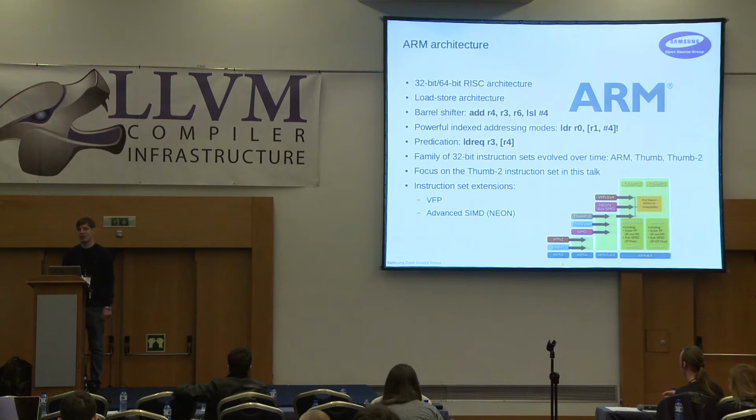So all of the assembly code shown in this talk, all of that is Thumb 2. And the base ARM instruction set only covers integer operations. So if you want to have support for native floating point operations, the CPU can implement one of the instruction set extensions. So there's VFP and also the Neon instructions for SIMD.